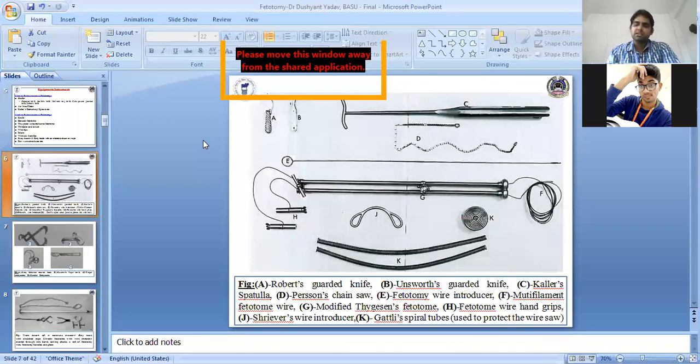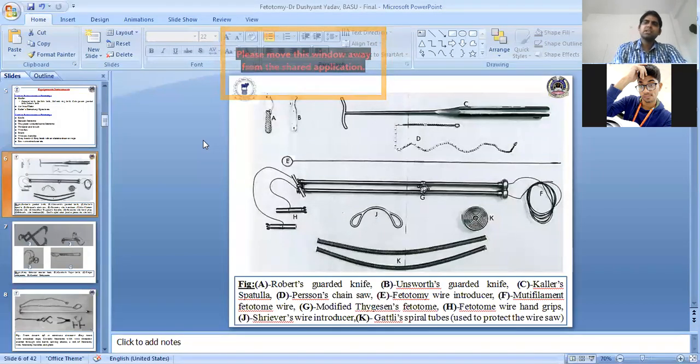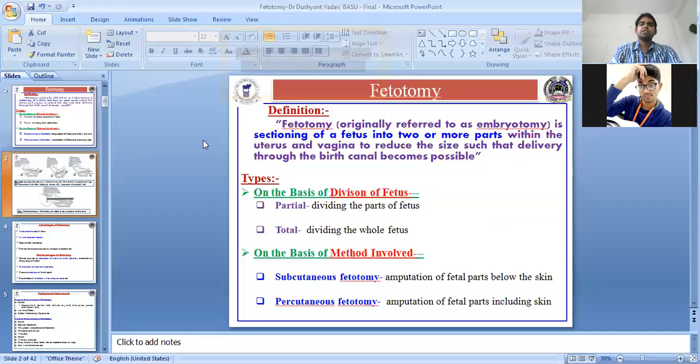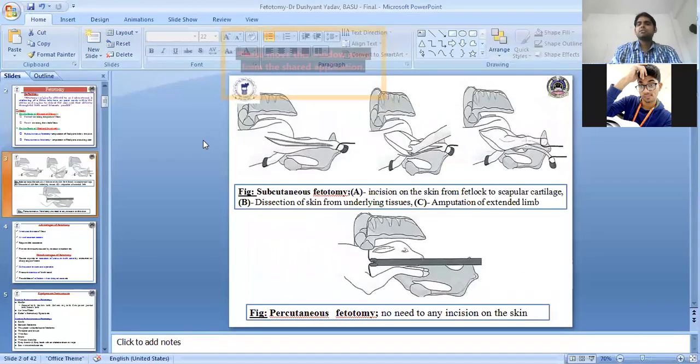Subcutaneous means below the skin. When the fetotomy is done by giving an incision on the skin, and then we remove the underlying muscle or bone, it is called subcutaneous fetotomy. And the other is percutaneous fetotomy, in which there is no need of any incision on the skin.